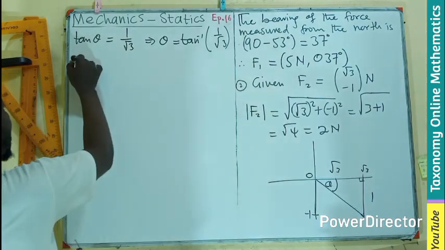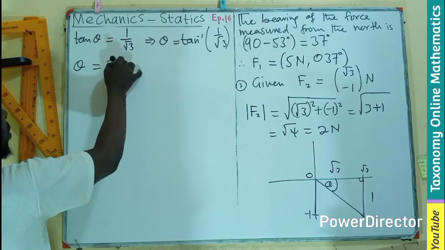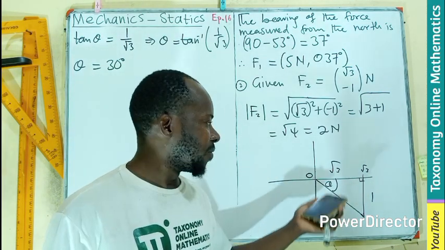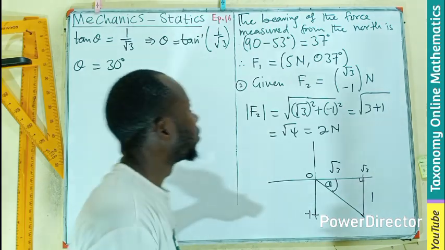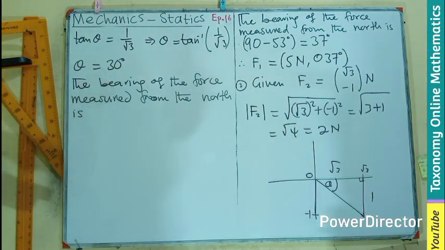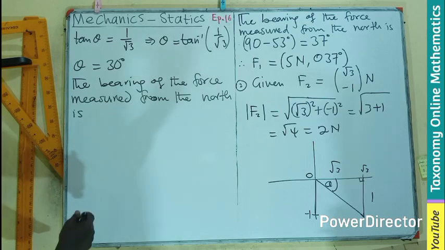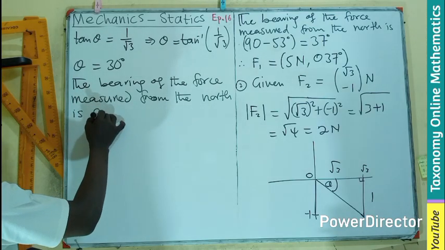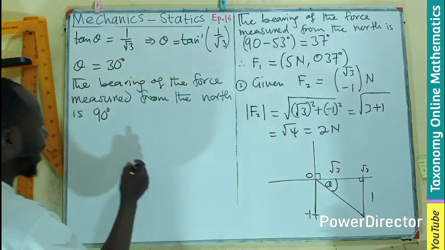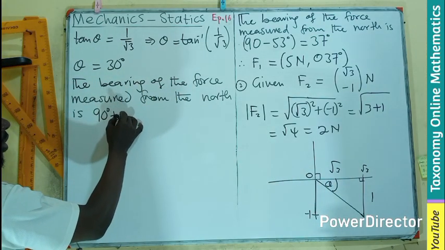That gives us theta equals what? 30 degrees. Remember, in the second quadrant, what we have is from the north. So you can see that the bearing of the force measured from the north is going to be your 90 degrees, which is here, plus that angle we have there, which is what?